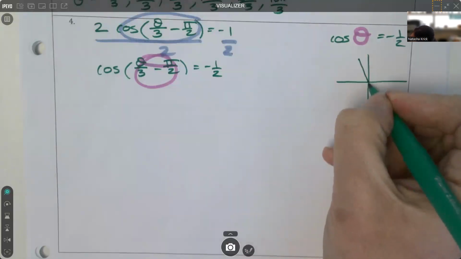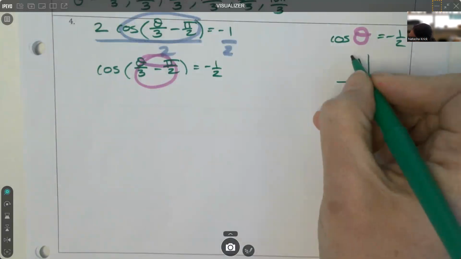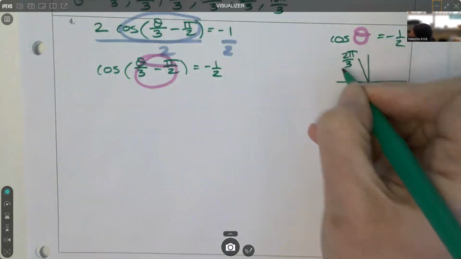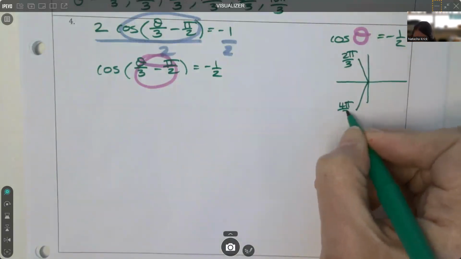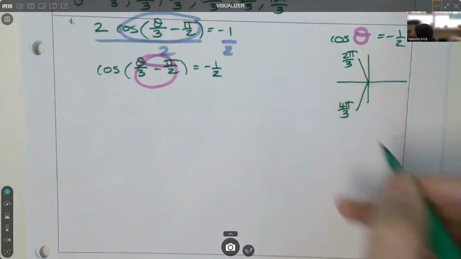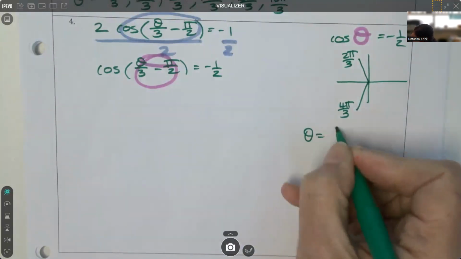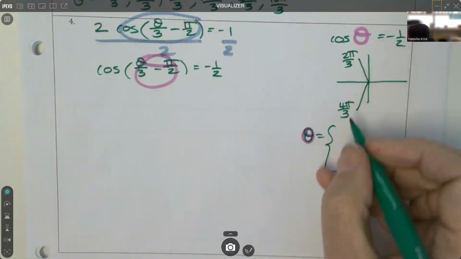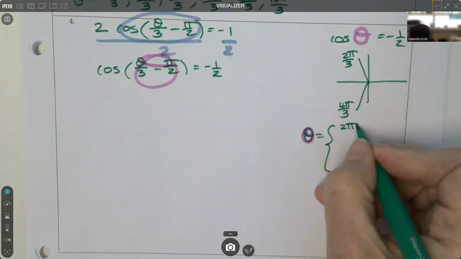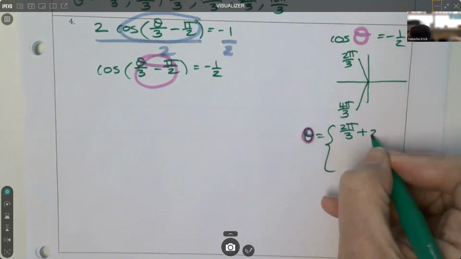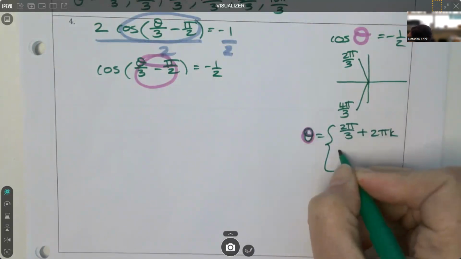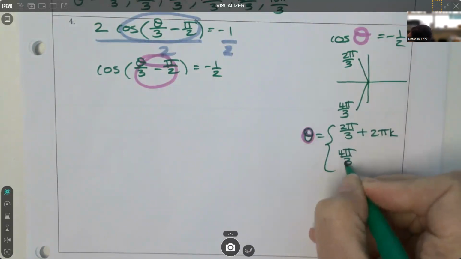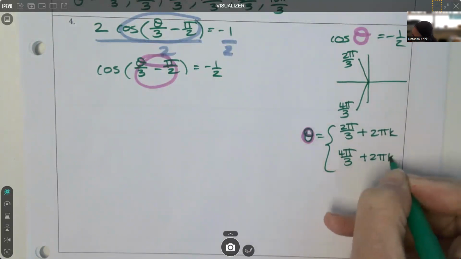So it's going to be the steep angle, 2 pi over 3 and 4 pi over 3. So I'm going to write 2 solutions here. My theta that I just found, this big theta, is equal to 2 pi over 3 plus 2 pi k. This one's going to be 4 pi over 3 plus 2 pi k.